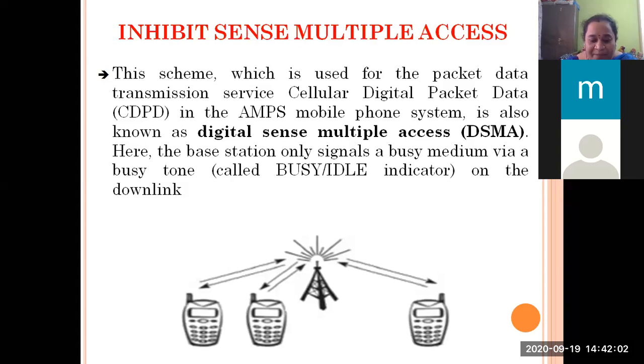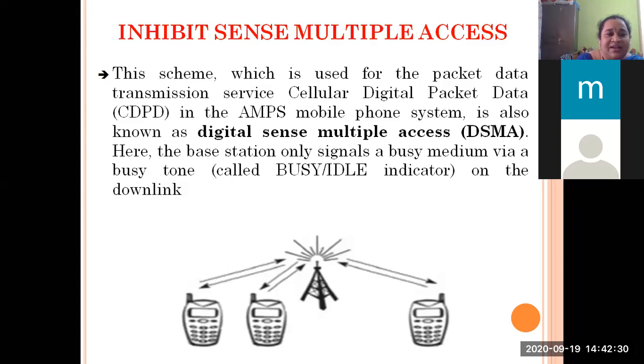Up to now we have discussed that either the mobile station will be sensing the carrier, or avoiding the collision, or a particular master station will be taking care of the transmission channel, allocating the slots or sharing the slots. All these things are done between the mobile stations, or by some master stations. But here the base station will be taking care of all these things.